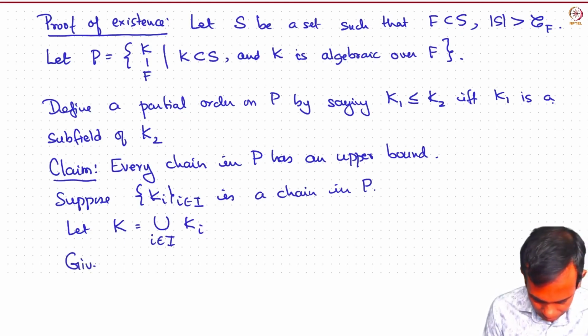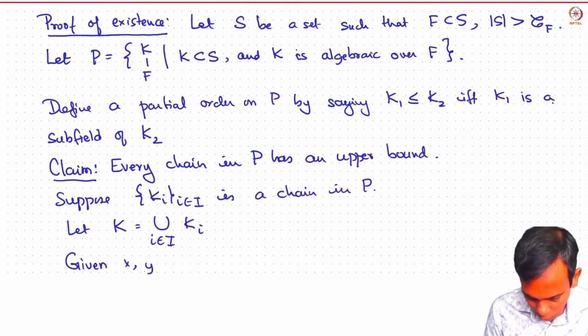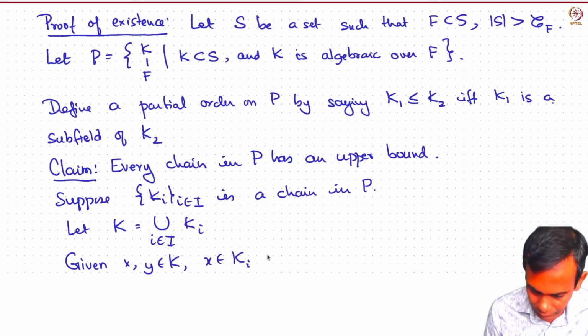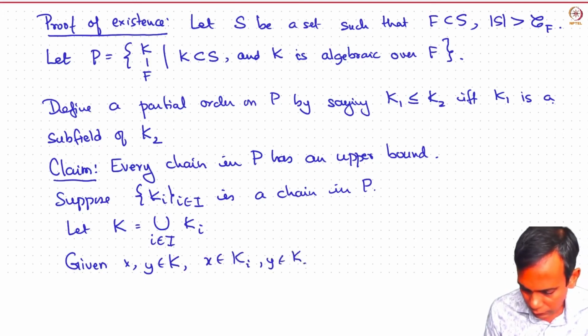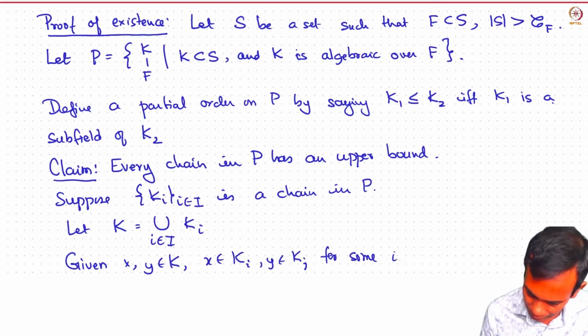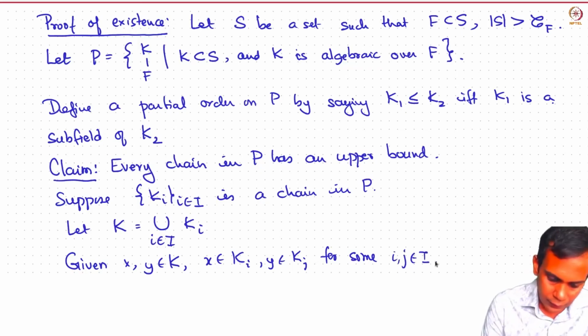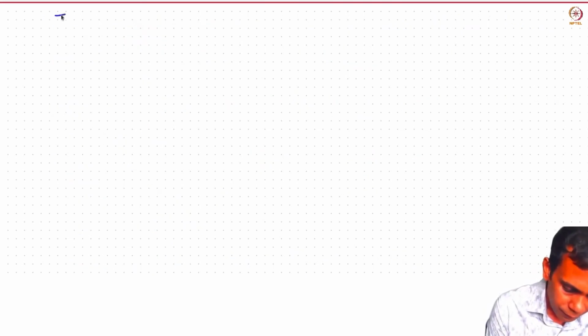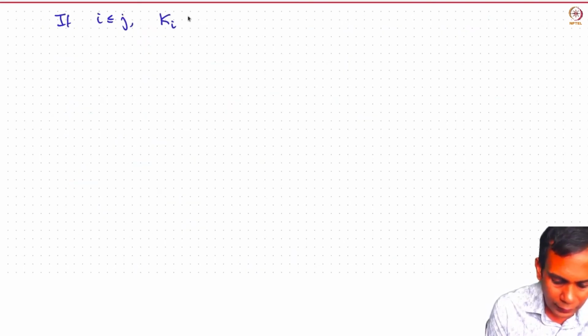So given x and y in K, we have x belongs to Ki, y belongs to Kj for some i, j in I. Now if i is less than or equal to j, then Ki is contained in Kj.